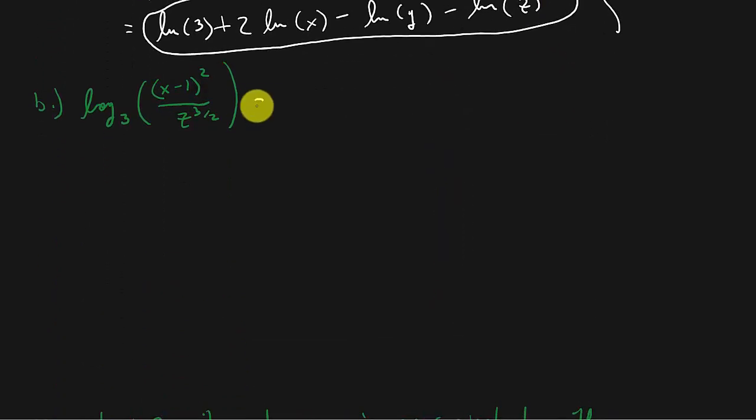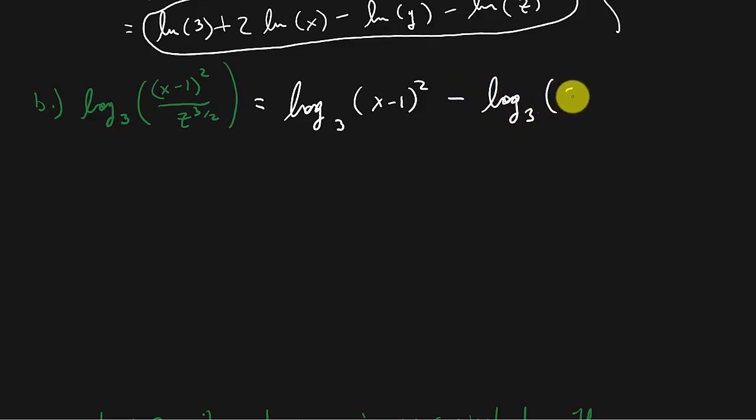All right, so this is going to be what? This is going to be log base 3 of x minus 1 squared, right? See, that's what's in the numerator, minus, and that's going to be log base 3 z to the 3/2.